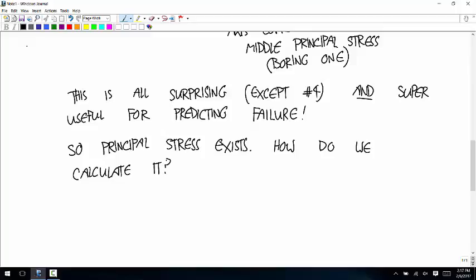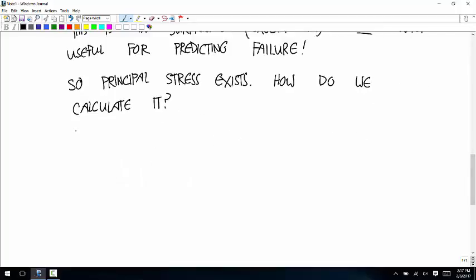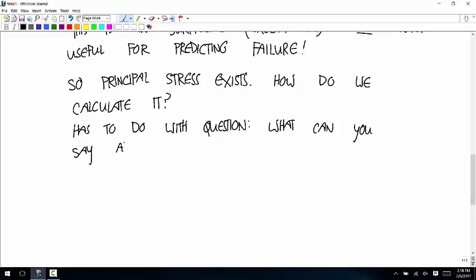So how do we calculate it? It has to do with the question: what can you say about the traction on a face with only normal stress?